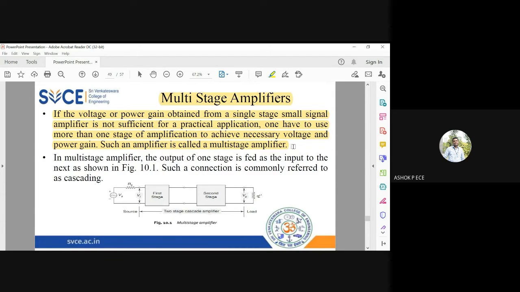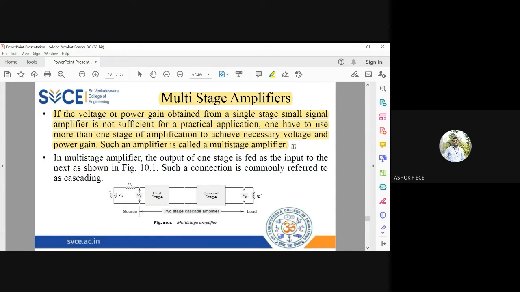So I am going to put one more amplifier in cascade so that when I combine the two amplifiers, I get the required gain of 10.